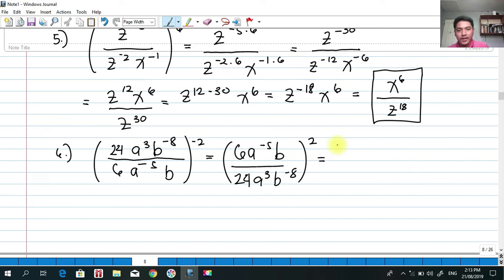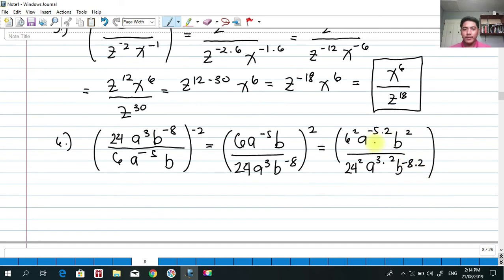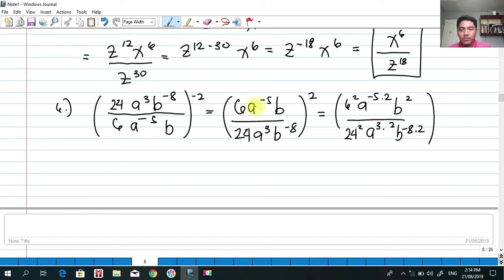Simplifying again, we have 6 squared a raised to negative 5 times 2 b squared over 24 squared a cubed multiplied by 2, b raised to negative 8 times 2. As I said a while ago, we can simplify 36 over 144.